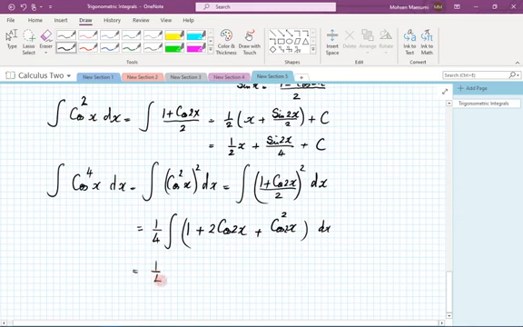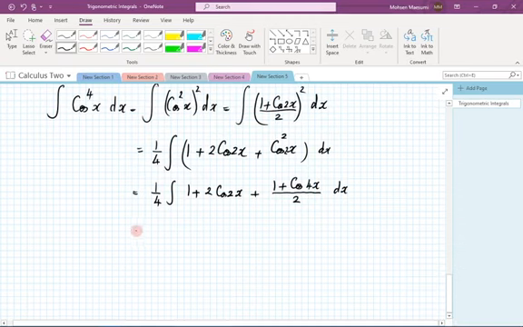This is 1/4 of the integral of 1 plus 2 cosine of 2x, and the last term becomes 1 plus cosine of, now I have to double this angle, 4x, divided by 2, dx.